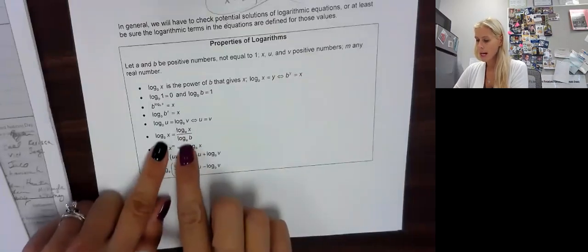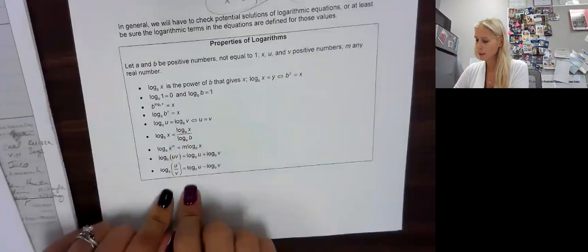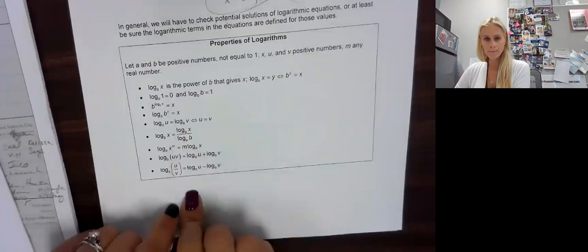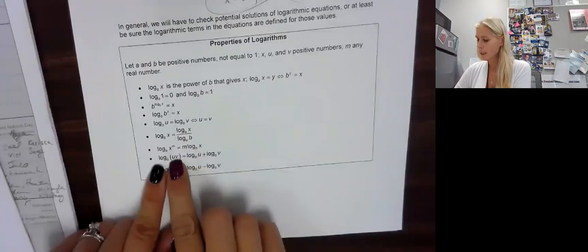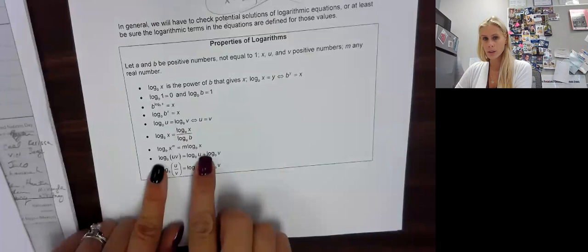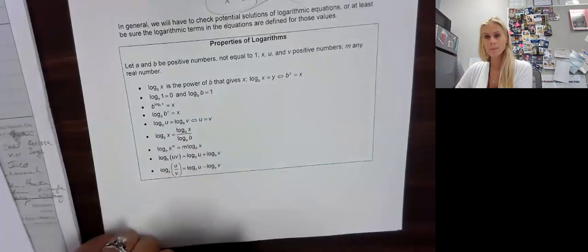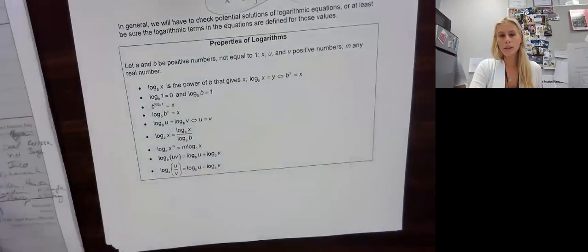Okay, we know how to change our bases so that way we can use our calculator. We know that the exponent goes in front as a coefficient. And we know that multiplication to expand it goes to addition. Division to expand it goes to subtraction. All right, let's do some practice.